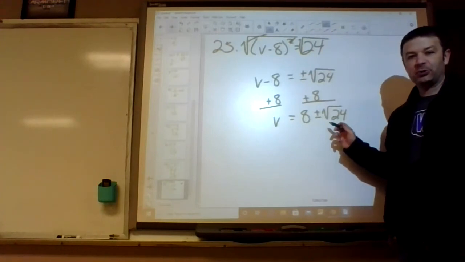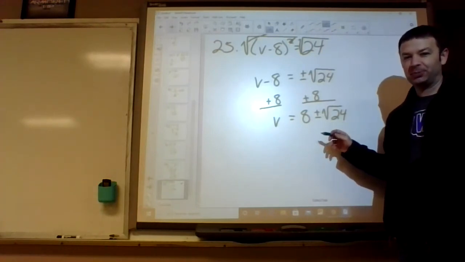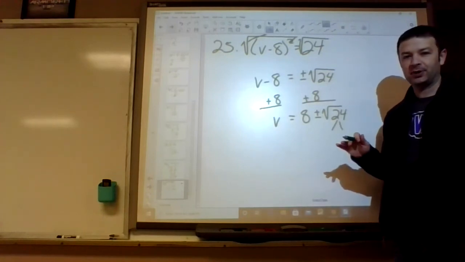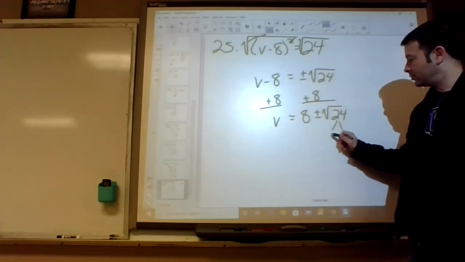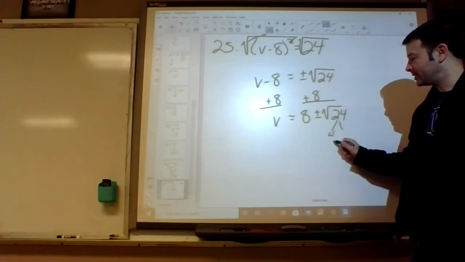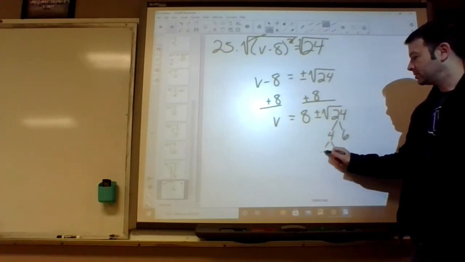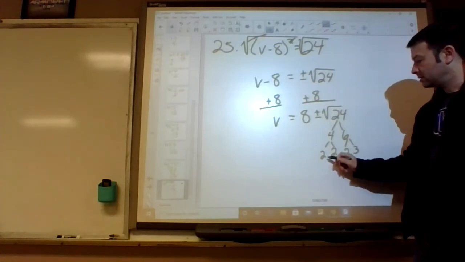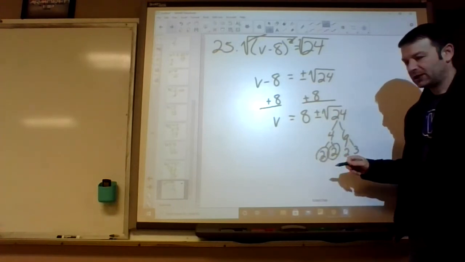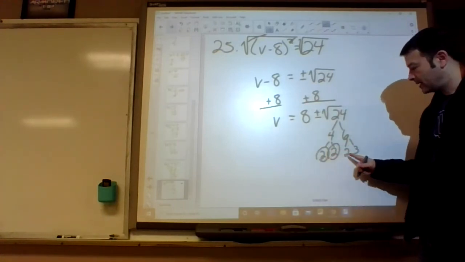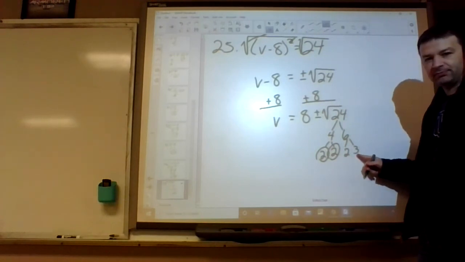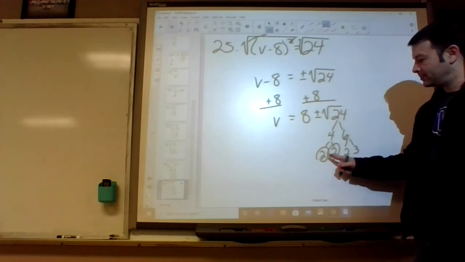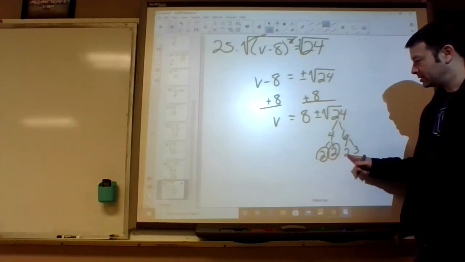Here's the thing though, square root of 24 does simplify because there is a double inside of it. So I'm going to simplify square root of 24. 24 is 4 times 6. Okay, so we have a double 2 and a leftover 6. So it's going to be 2 square root of 6.